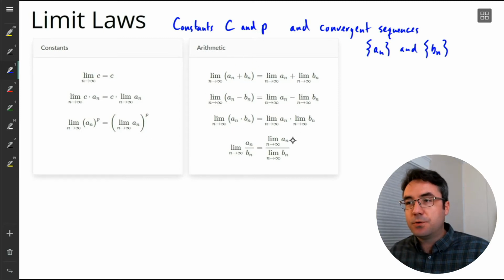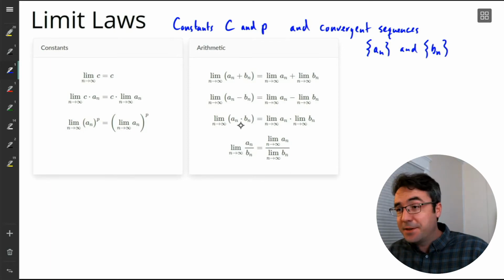And then we have our usual arithmetic rules that allow us to split up the limit. When we have addition, if we're adding an plus bn, we can split up and look at the limit of an plus the limit of bn. Same thing for subtraction, so split it up. Same thing for multiplication.